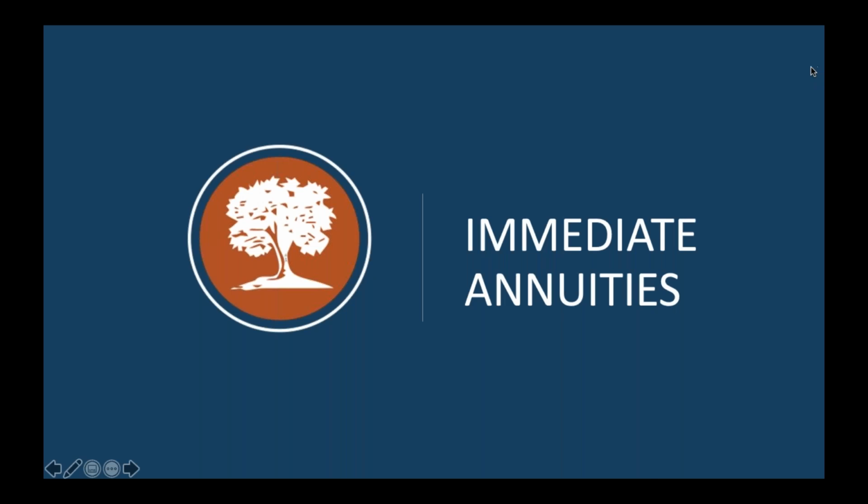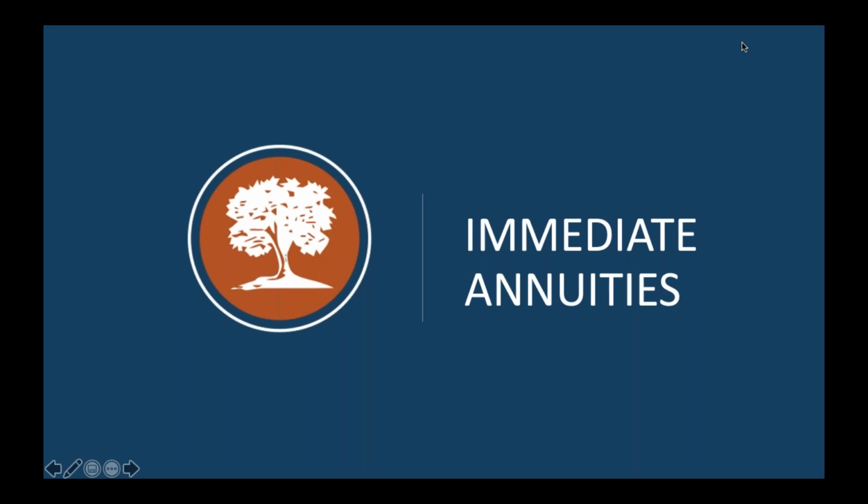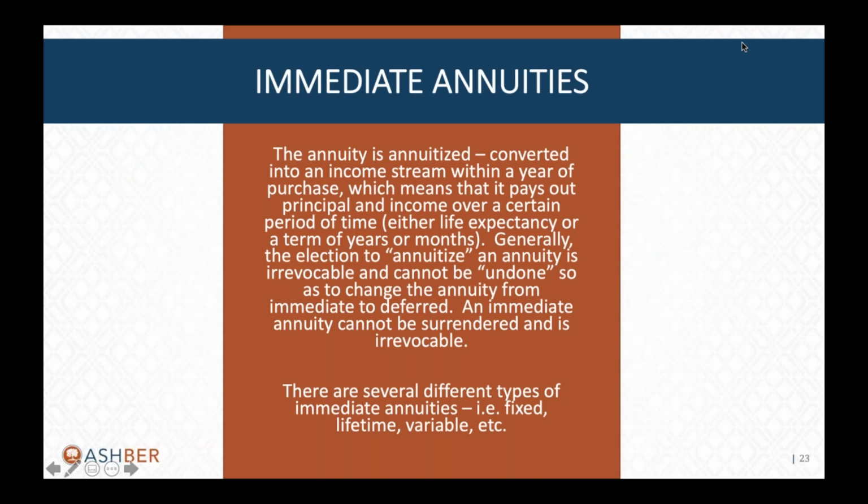Now we're going to switch over to immediate annuity contracts. Immediate annuities are contracts that have already been annuitized and the client is scheduled to receive payment or income from the contract within 1 year of purchasing the policy. An immediate annuity, like I said, the payment is going to be irrevocable and it cannot be surrendered.